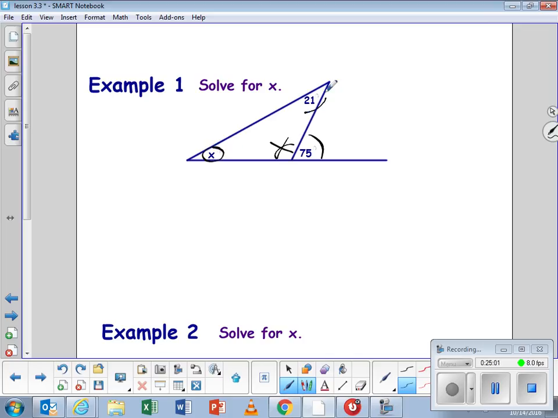But angle x, what that rule says is that the exterior angle is equal to the sum of the two remote interior angles. So then if I subtract 21 from both sides, I get x is equal to 54.